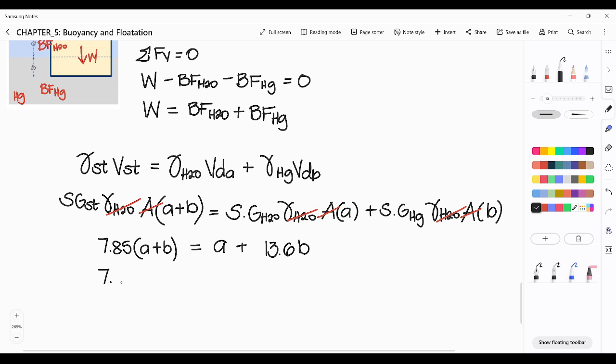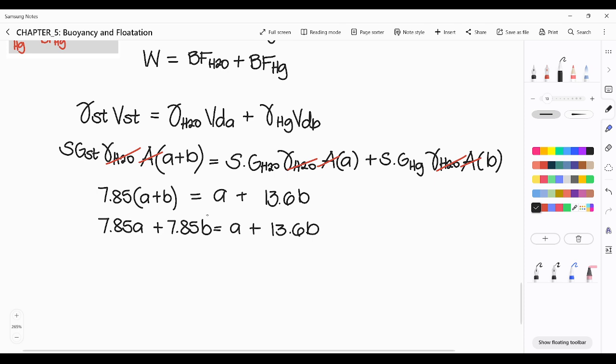Let's distribute this 7.85: 7.85A plus 7.85B equals A plus 13.6B. Tas kukunin mo na lang yung ratio ng A at B.